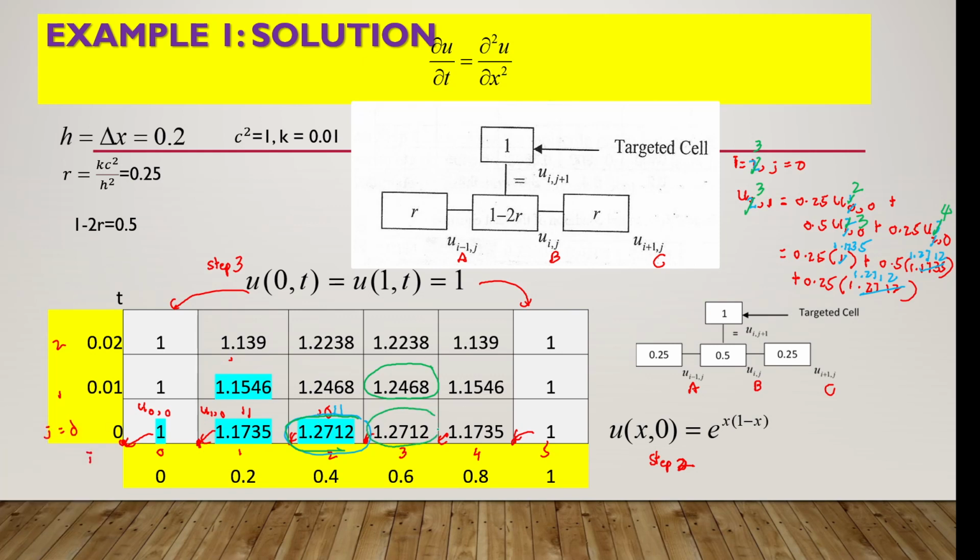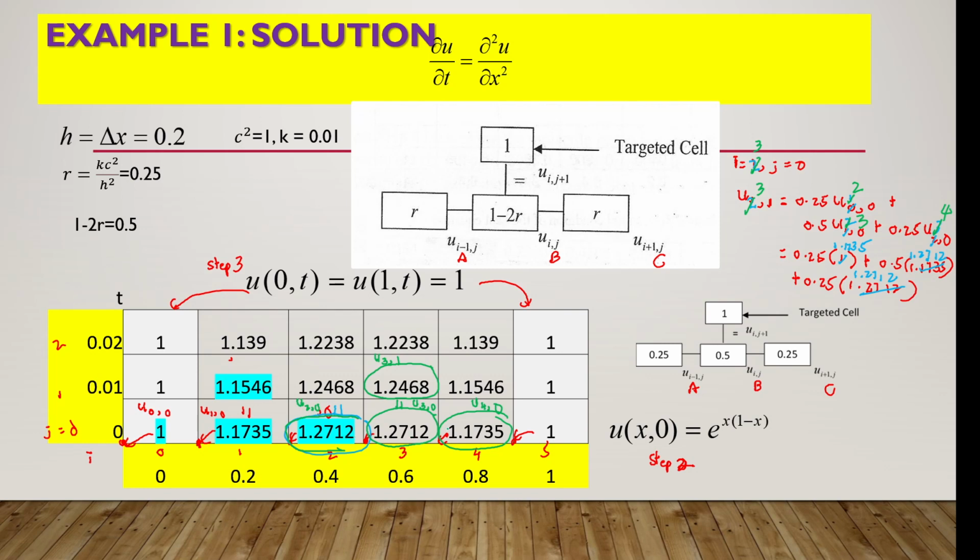This cell is U31, which depends on this U20, this U30, and this U40. So you see U31 depends on U20, U30, U40. And then put in the values for U20 here.